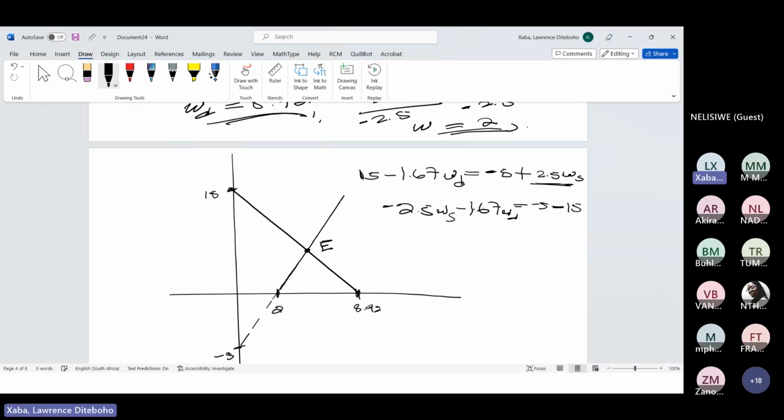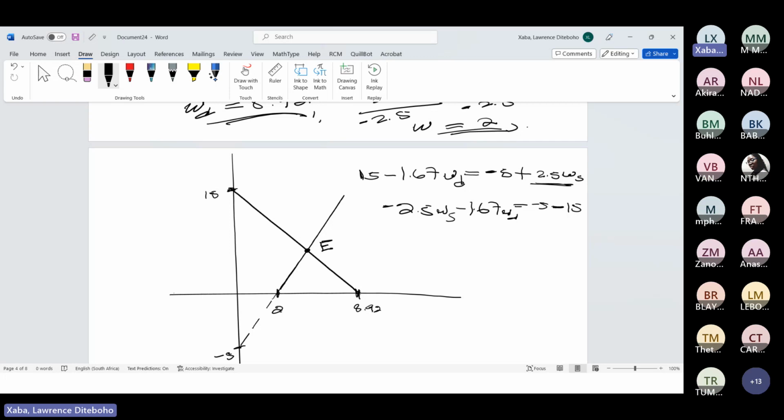So what do we do now? We have to sum the like terms. 2.5 there plus 1.67, that gives us 4.17 W equals to negative 20. So what do we do? We want W, so we have to divide both sides by negative 4.17.